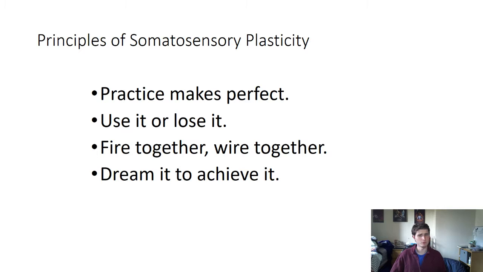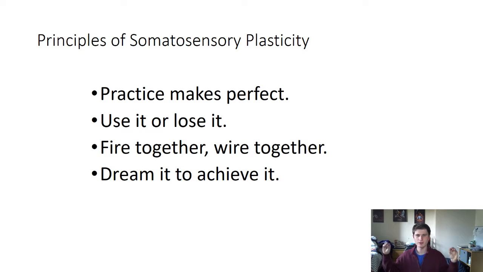Finally, there's dream it to achieve it. And dream it to achieve it is this idea that you need to go through REM cycle sleep in order to basically solidify an action in your mind.